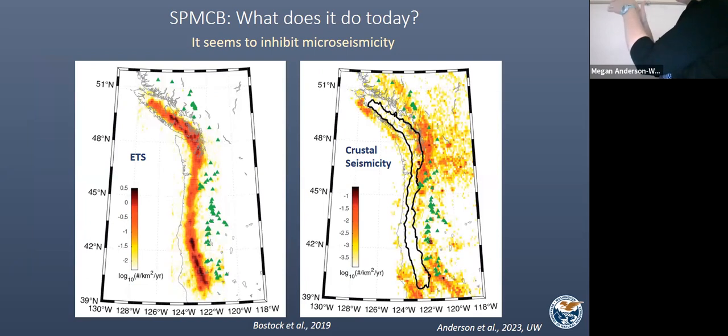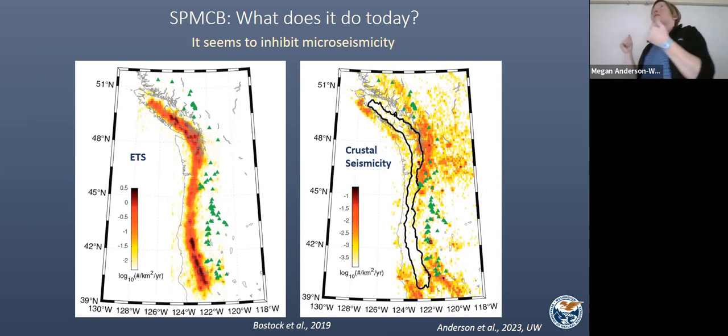His interpretation in this paper was that where you have some sort of seal holding water in the slab, you have the ETS. And then as the slab goes further down, there's a place where that seal breaks and all the water can come out. That's where it's coming through the crust and creating microseismicity in the crust.